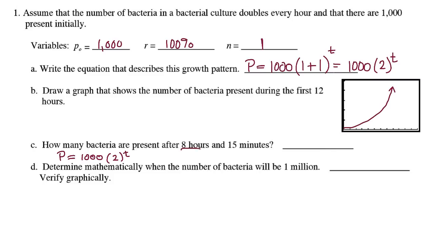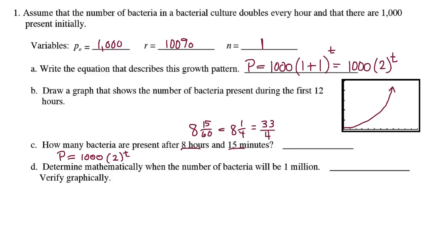So we need to see 8 hours and 15 minutes, how many total hours that would be. So very quickly, we see that if we have 8 hours and 15 minutes, that's 15 over 60, which is going to be 8 1/4. And that as an improper fraction is going to be 32 plus 1, so 33 over 4.